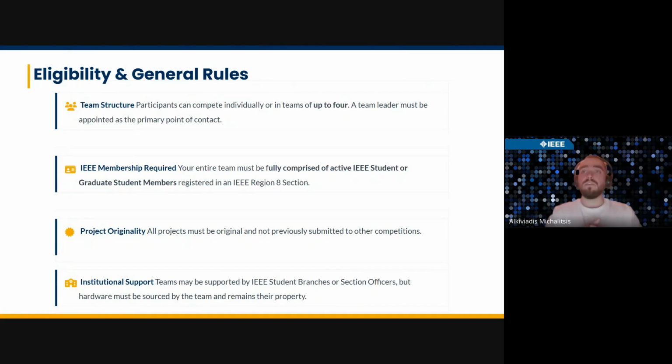But at the end of the day, the hardware and all the equipment that you will use should stay with you. It should belong to you after the support, so that you will be judged based on what you have and not what you were given. You should own the products and the materials that you will use.